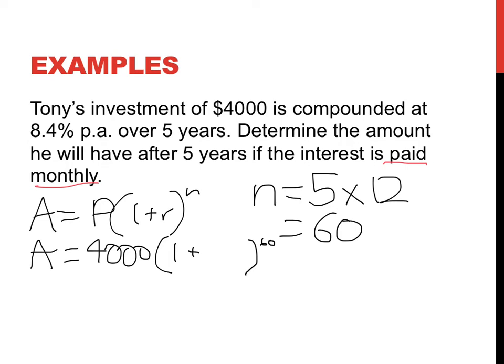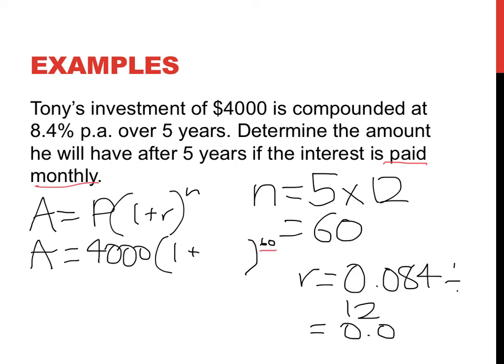I need to find out, if my number of time periods is in months, my rate must match. So I need to find out what my rate is in months. So I need to take 8.4%, 0.084, and divide that by 12. 0.084 on my calculator divided by 12 gives me 0.007.